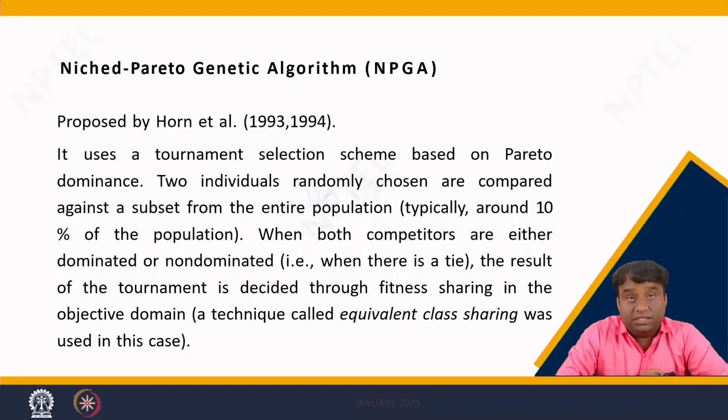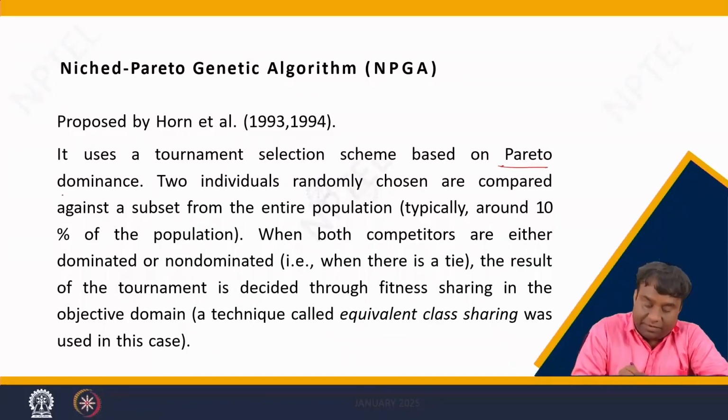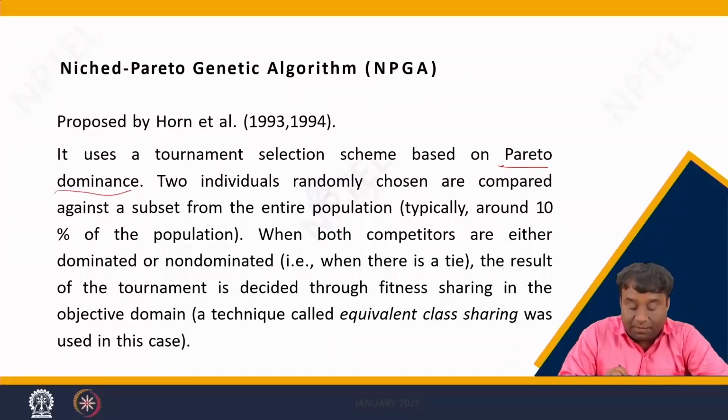Now, the next one is the Niched Pareto Genetic Algorithm, NPGA. It was proposed by Horn et al. in 1993 and 1994. It uses a tournament selection scheme based on Pareto dominance. We'll discuss Pareto dominance a lot in future classes. Two individuals randomly chosen are compared against a subset from the entire population, typically around 10% of the population.